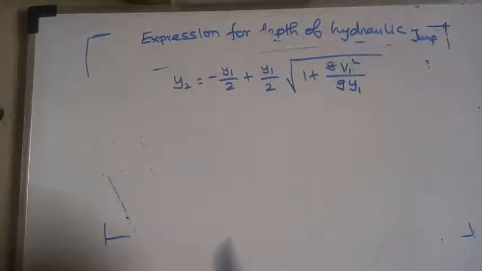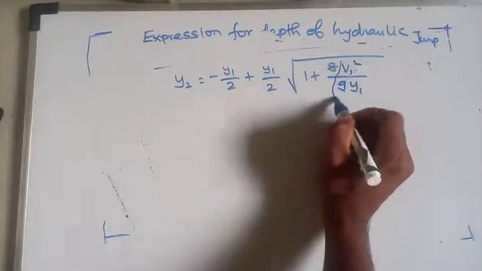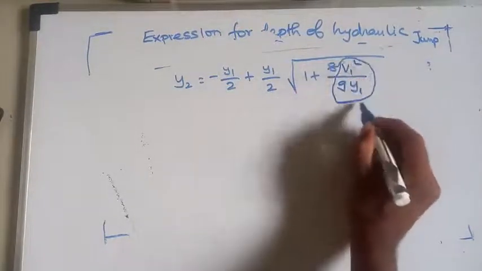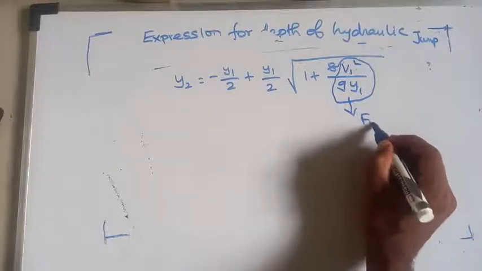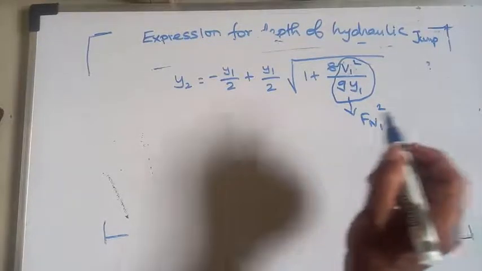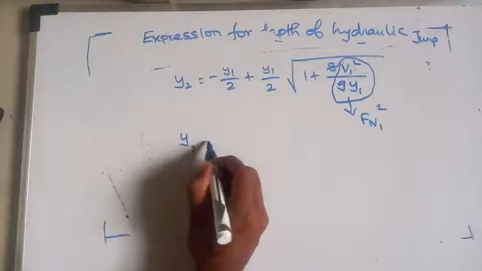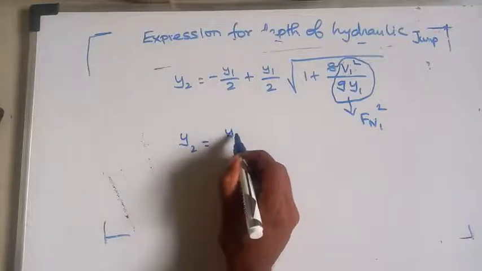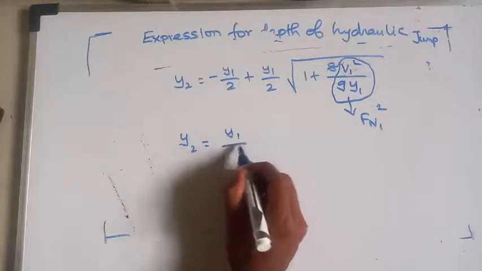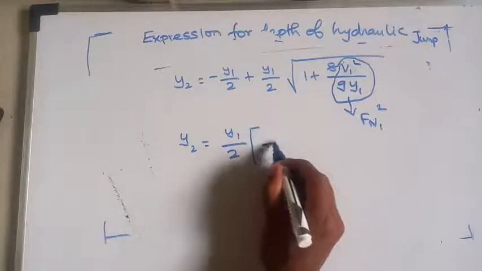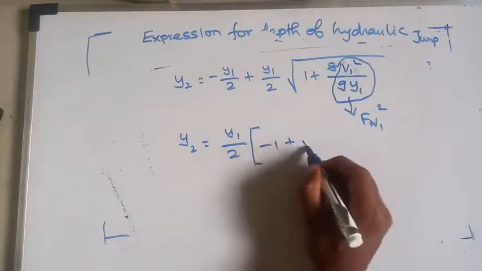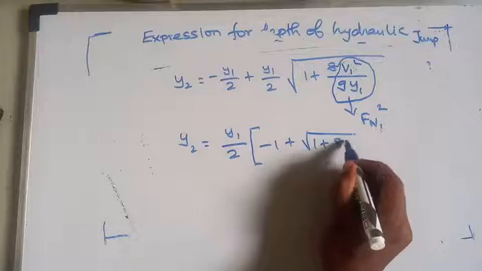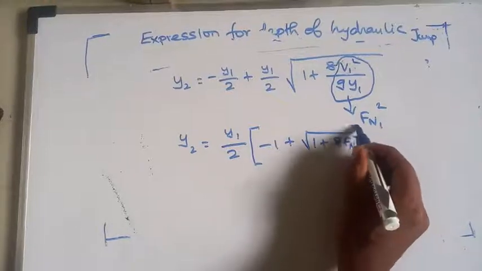Okay, if you look here, I can substitute this. This is nothing but Froude number 1 square. So the final equation will be y2 is equal to y1 by 2 into minus 1 plus root of 1 plus 8 Fr1 square.